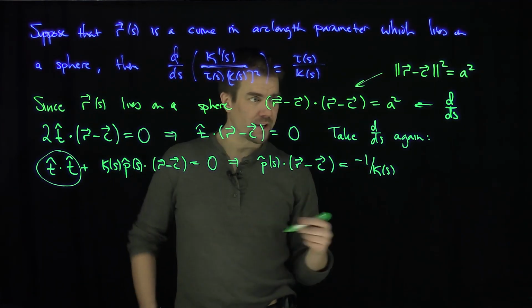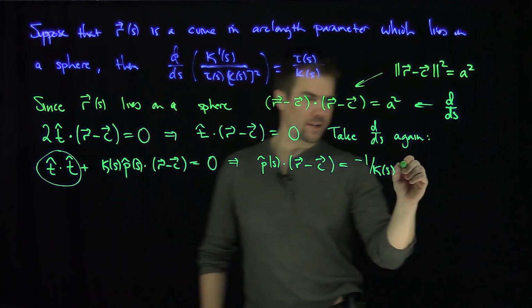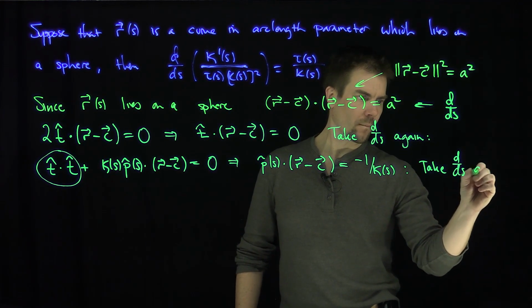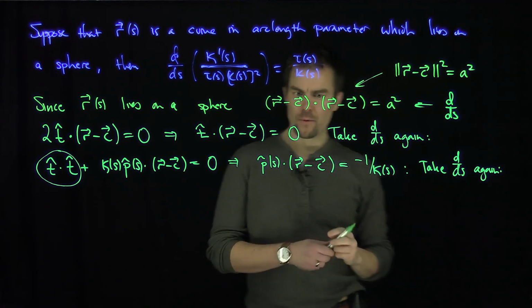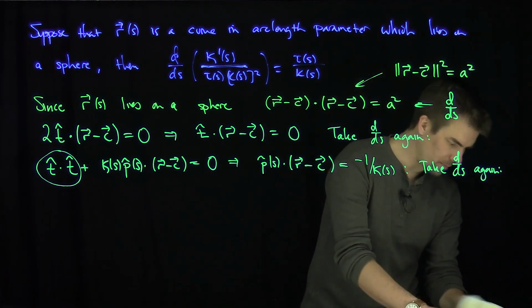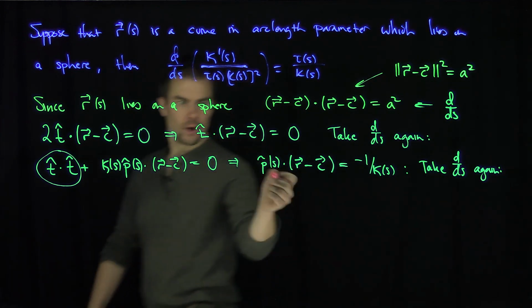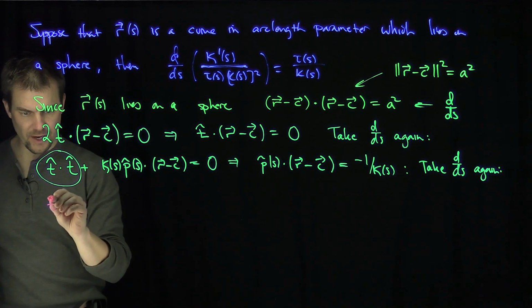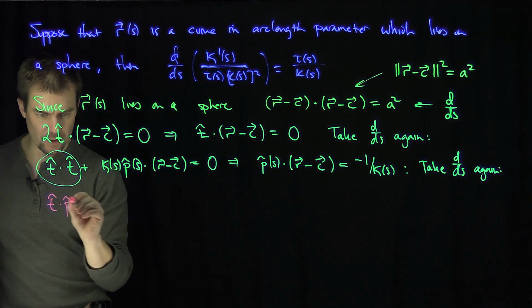All right, let's take d by ds of both sides again. Now let's do the product rule. If I do the derivative of the first factor, I'm going to have t hat dot (r minus c), and the derivative of the second gives t hat dot n hat, which is going to be 0.